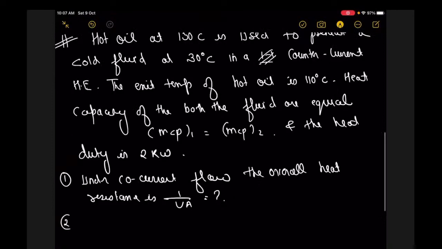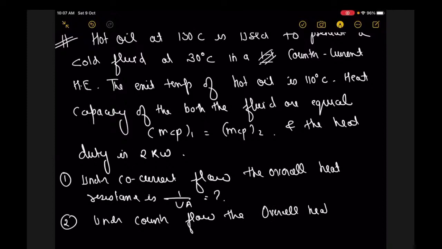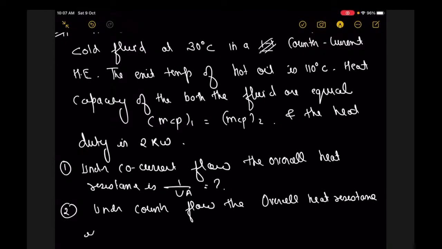And second, under counter current flow, the overall heat resistance is 1 by UA. Solve this question.